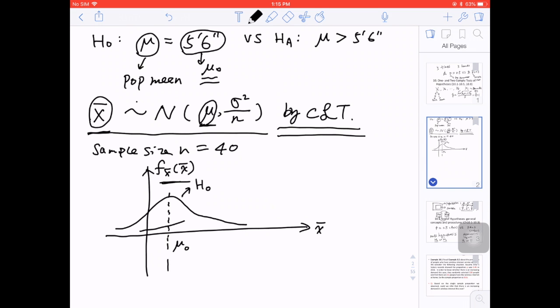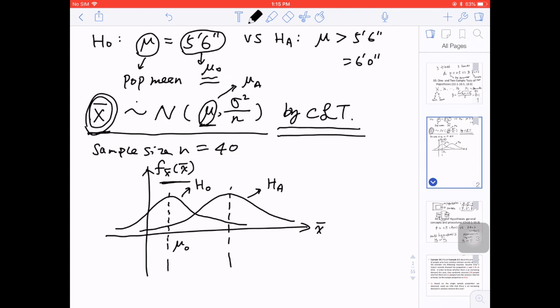So this curve means my HA. If HA is correct, then my x bar should follow a normal distribution with mean equal to, say, for example, if mu is larger than mu 0, it could be like 6, like we said before. I'll just take an example. So this is my mu A.